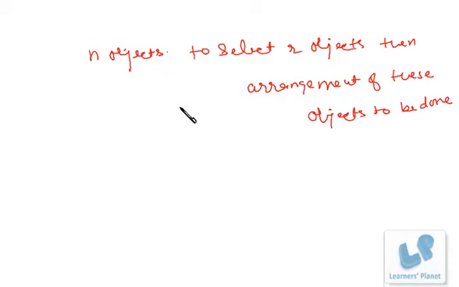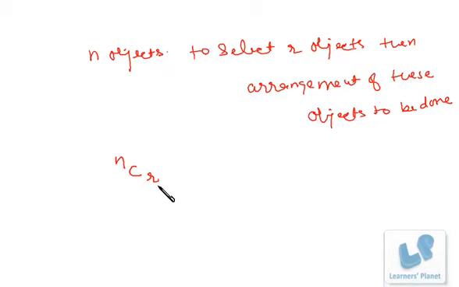Right, now go step by step. I have n objects. I'm selecting r objects, that means nCr. Out of n objects I am selecting r objects. Now till here I have done the selection. Now I have to arrange these selected objects, right?